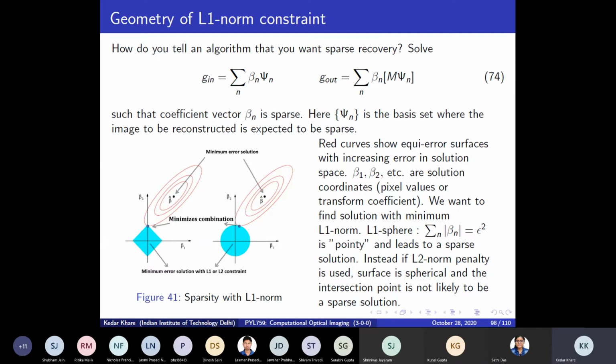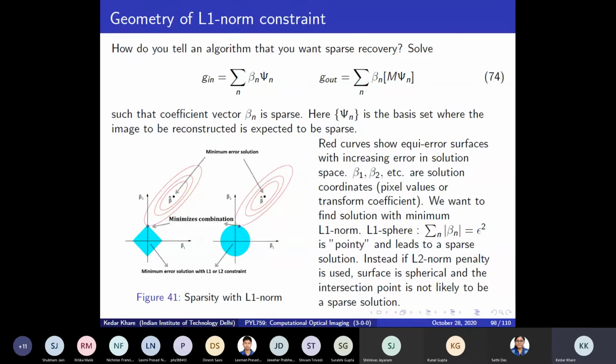Whereas here, if you think probabilistically, when you grow this circle, it will intersect at a point where there is no vertex. Everything is equally probable.